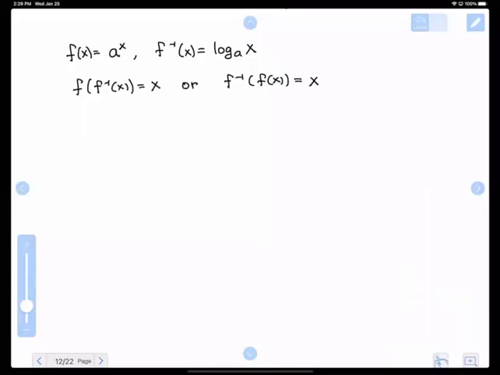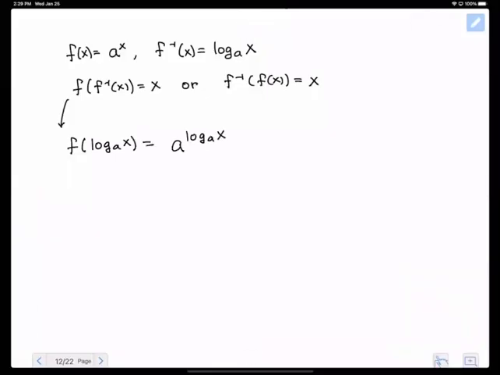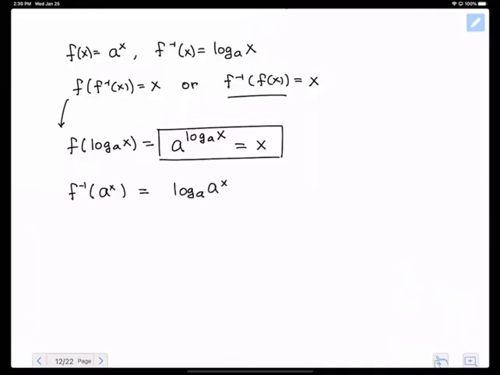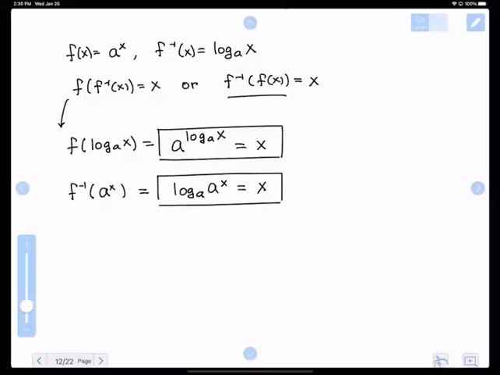First, f of f inverse, which is a to the log base a of x, is equal to x. The second part, f inverse of a to the x, which is log base a of a to the x, equals x. Identity.